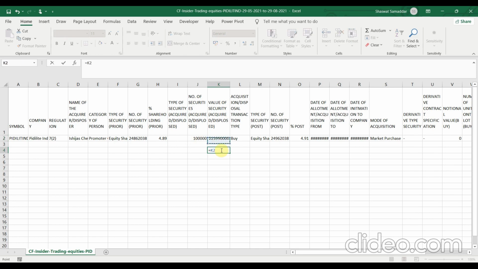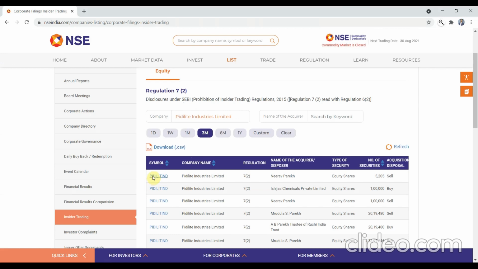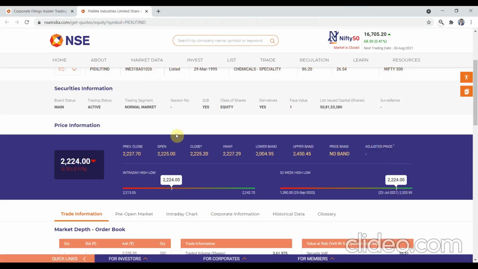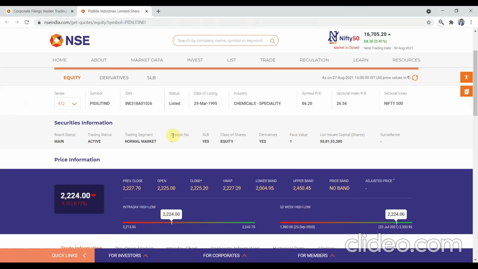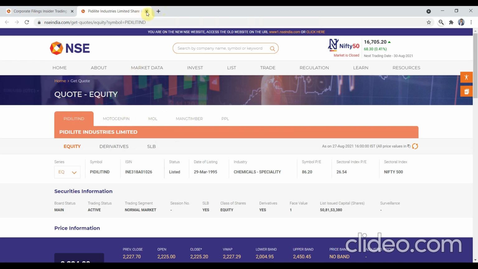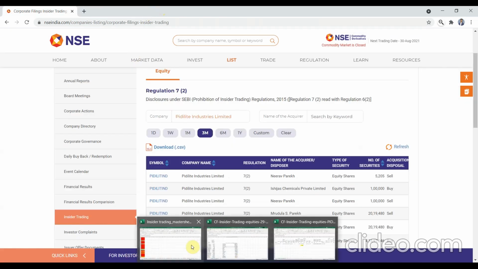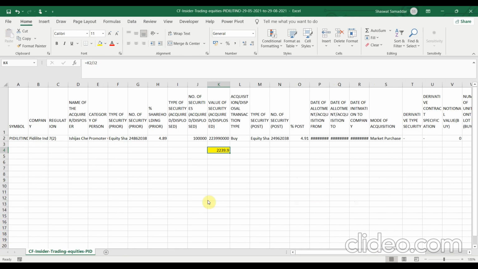So we'll go ahead and do this. So this is the average price at which the promoters entered into this particular stock, 2239.9.